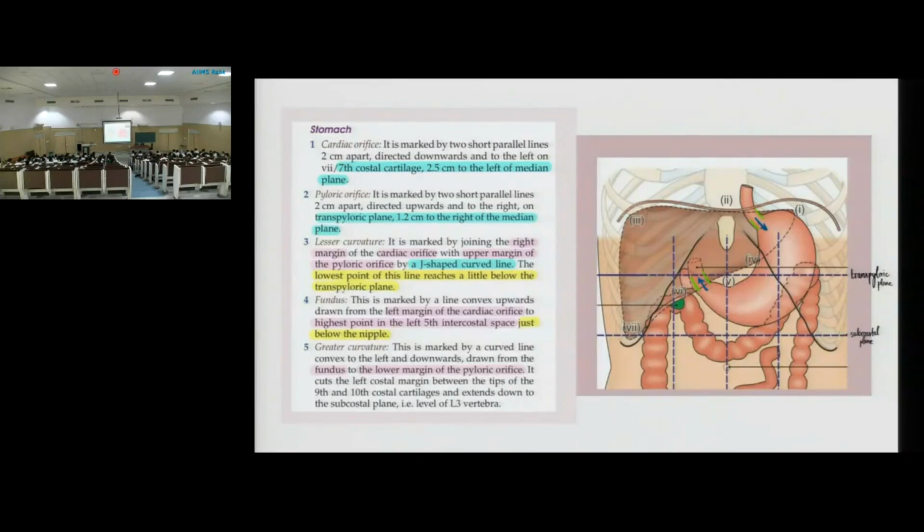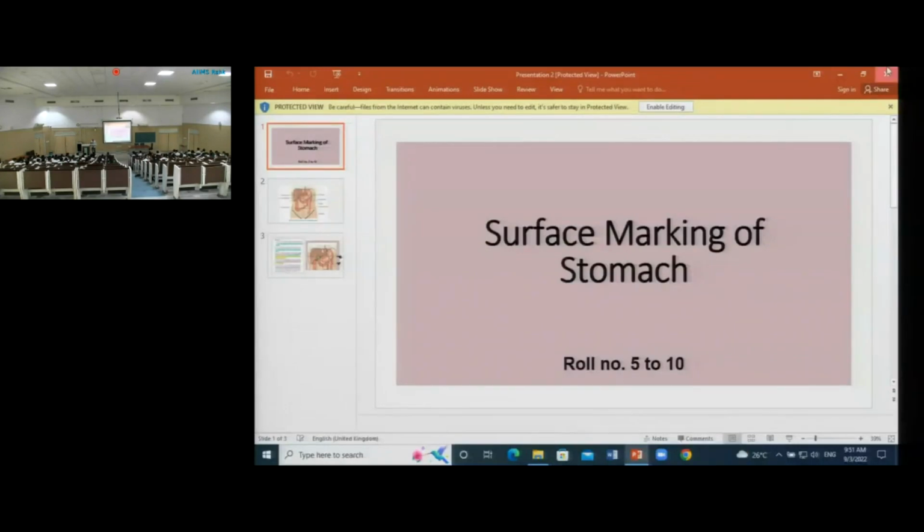Nobody is there. 11 absent, 12 absent, 13, 14, go. Everyone has to read the marking like this. Okay, in groups. Divide among yourselves. One person will explain this structure and the other will explain the other, and then you are going to explain to each other on your own.